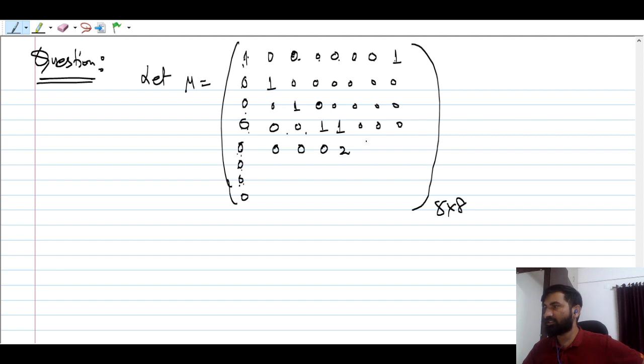Next one is 1, 0, 0, then 0, 0, 0, right? Now what they are doing is, you can see here, they are saying that this is going to be 2, 0, 0, right? I have a matrix, I'm writing from there only, okay?